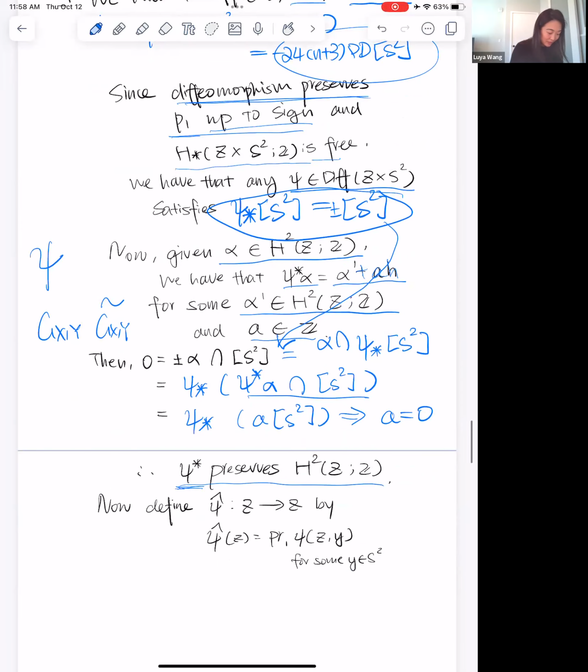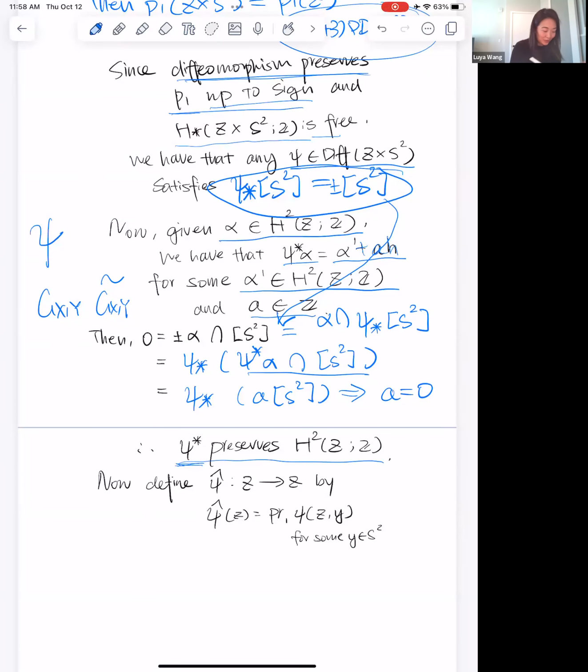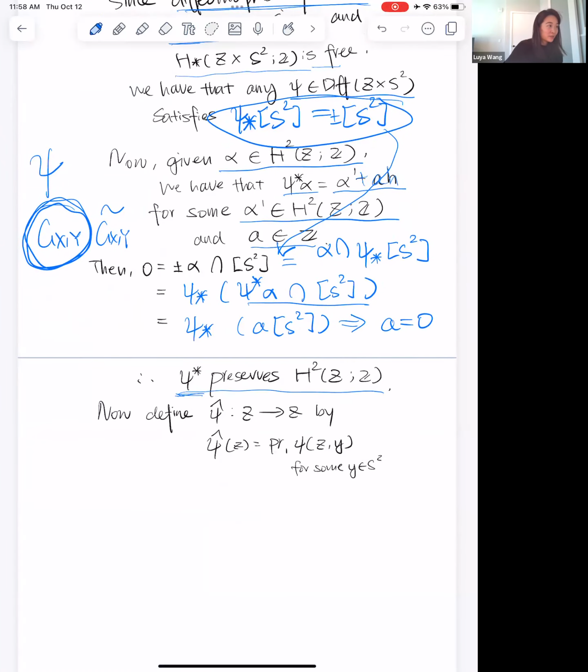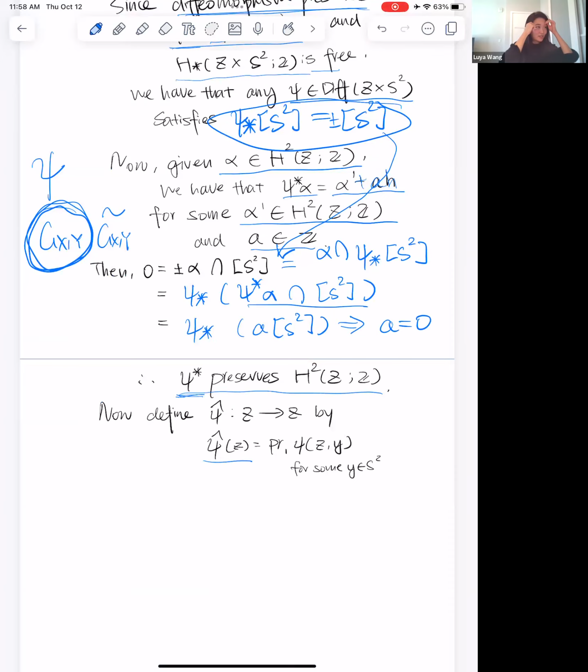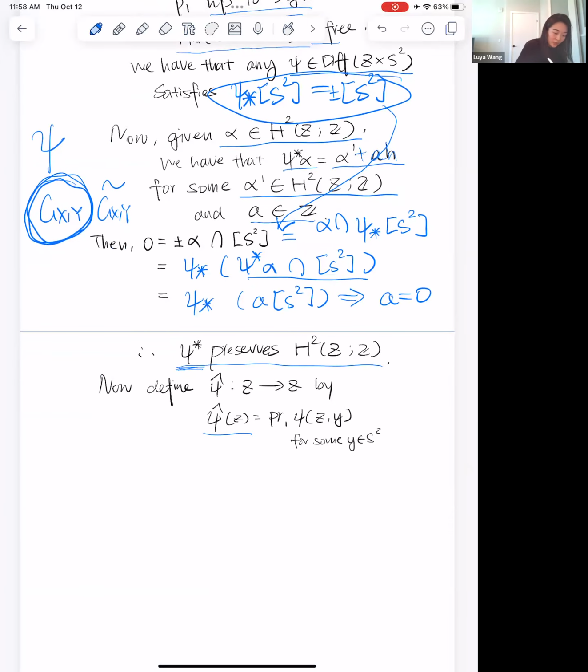Now, in order to satisfy all parts of the definition of G_XY, we also need to check that the projection is a homology equivalence. To see this, you define psi hat again to be the projection onto the first coordinate. Then we recall that since psi preserves S2 up to sign, as we showed before, psi hat has degree plus or minus 1.